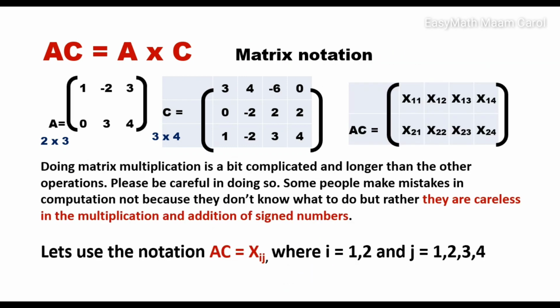So, another notation natin para mas lalo nating maunawaan. So, ito yung A, ito yung C. Tapos, ang sabi natin, yung dimension ng AC ay 2 by 4. Lagyan natin ng pangalan yung mga elements niya dun sa loob.